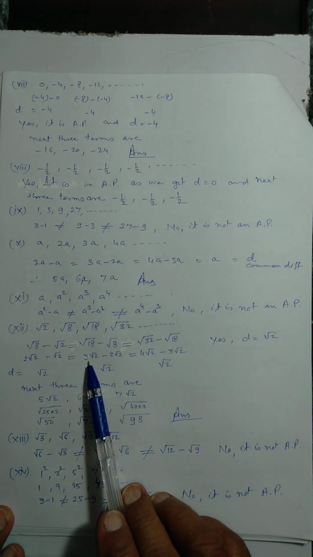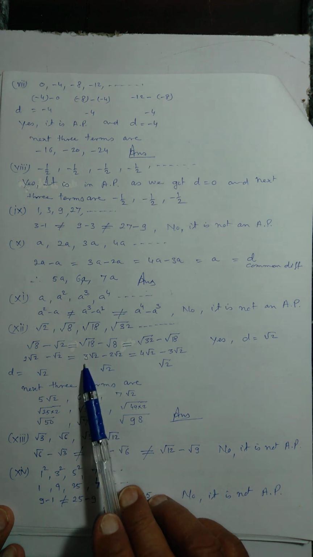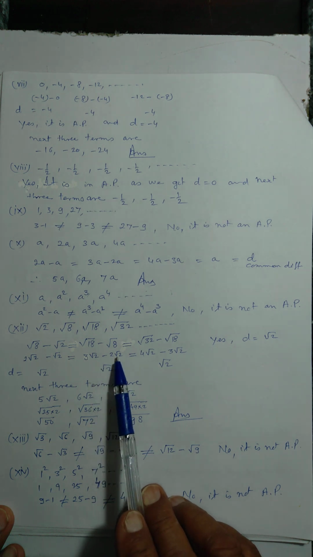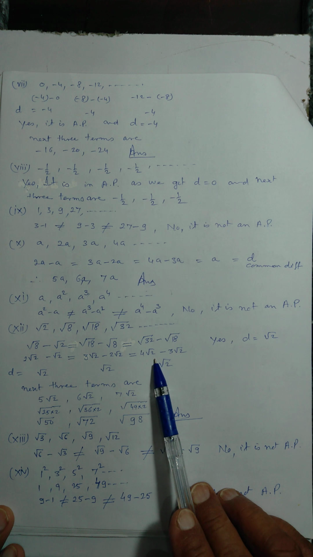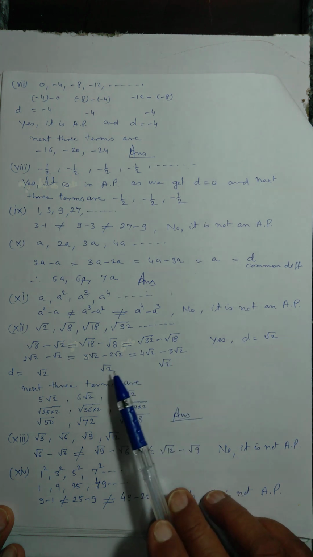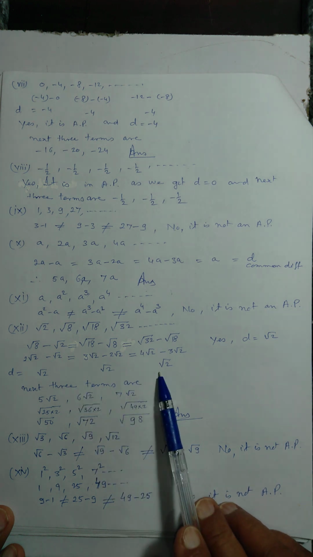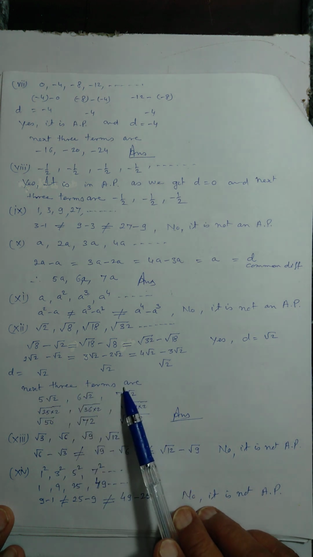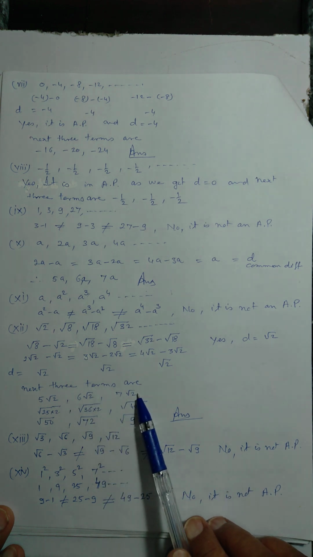Again, the third term minus the second term, 3 root 2 minus 2 root 2. Similarly, 4 root 2 minus 3 root 2. So in all cases, you will get root 2, that is the common difference. So the next 3 terms are 5 root 2, 6 root 2 and 7 root 2.